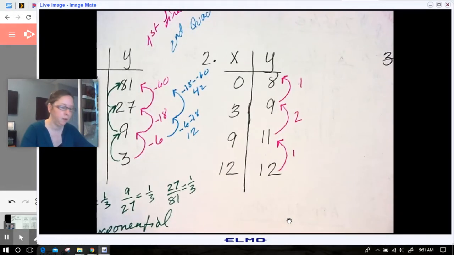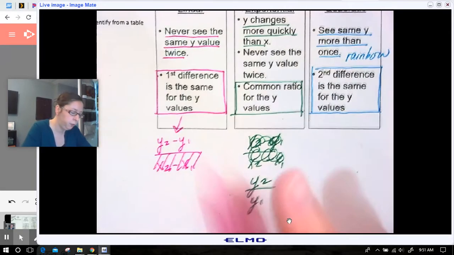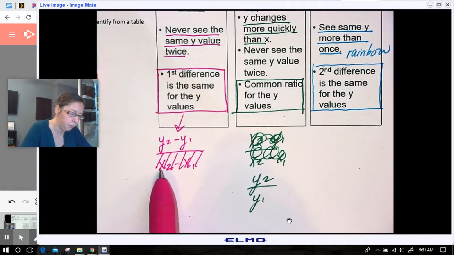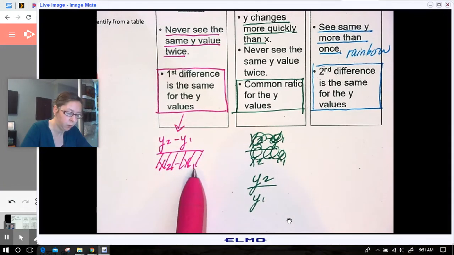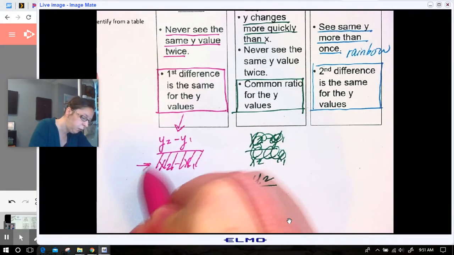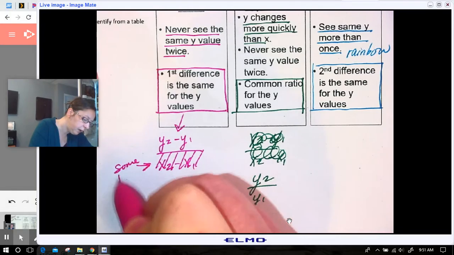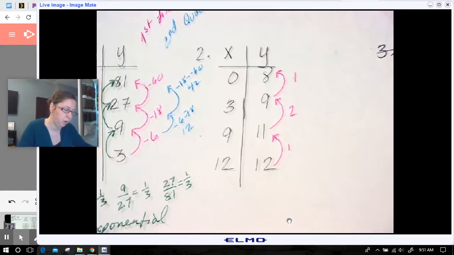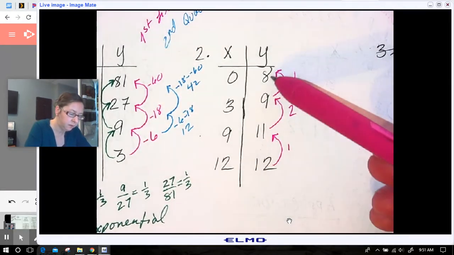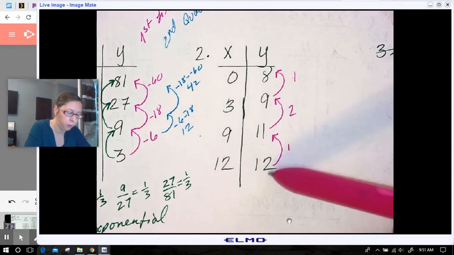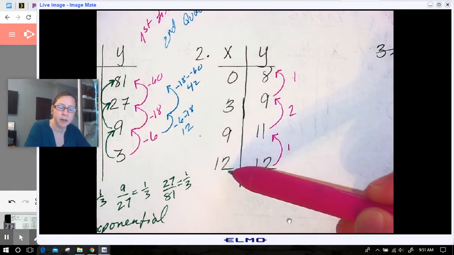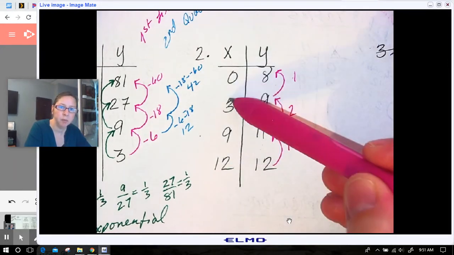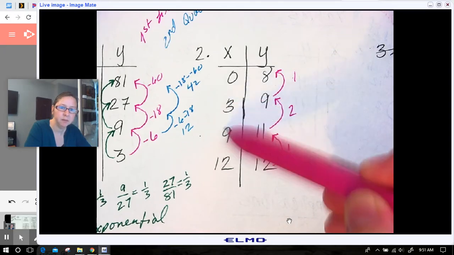In the other side of our notes, you did see me put up x2 minus x1 as an option, and we need to do this sometimes. Let me explain why. This is 1, 2, 1, and then look here: this goes up 3, up 6, up 3.